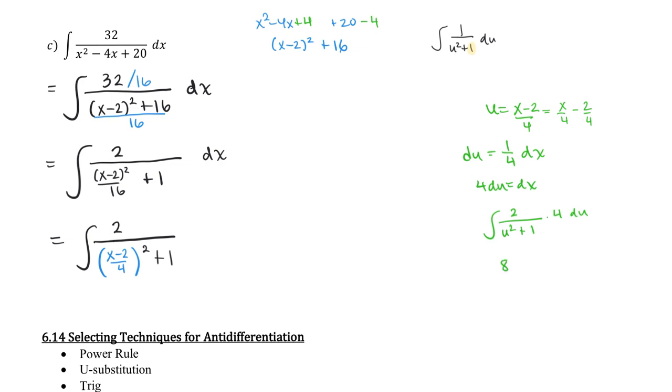I get 8, and then this is going to be arctangent of u, and then plus c. Okay, so now let me go back and write my answer. So this is going to be 8 arctangent of u plus c.